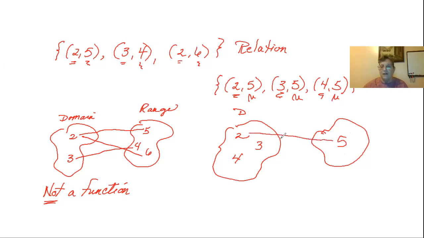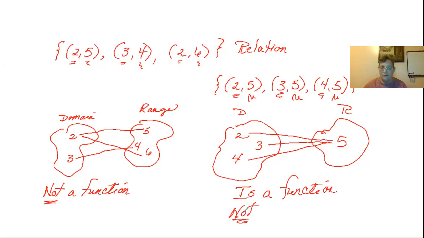So the 2 maps to the 5, and the 3 maps to the 5, and the 4 maps to the 5. And because the definition of a function is a relation where every domain element maps to exactly one range element, this is a function. However, this is not a one-to-one function because all of the domain elements are mapping to the same range element.